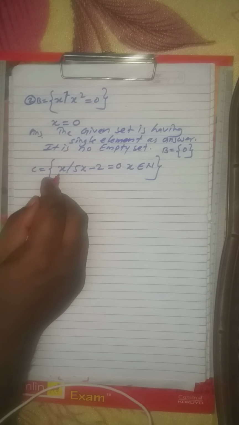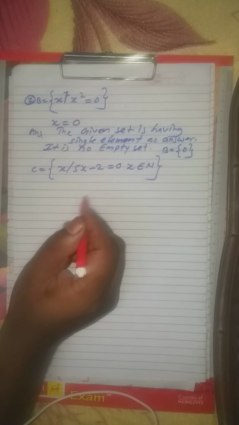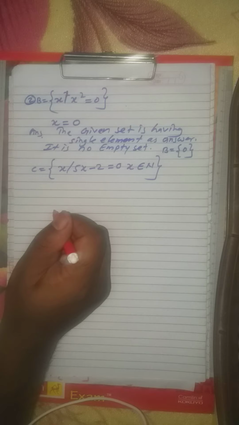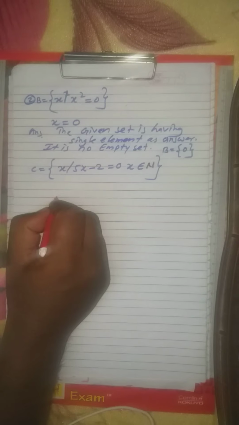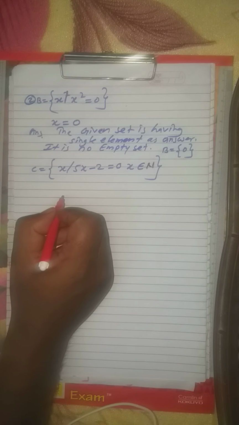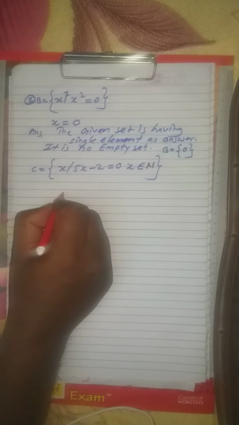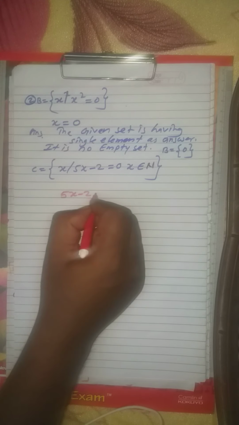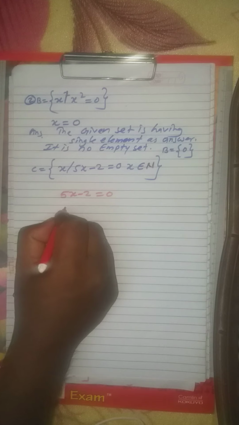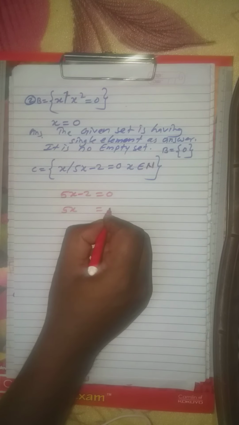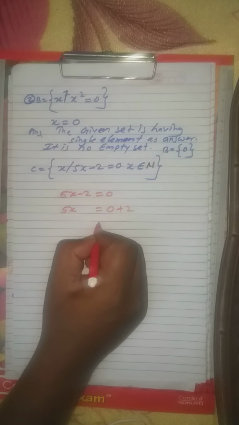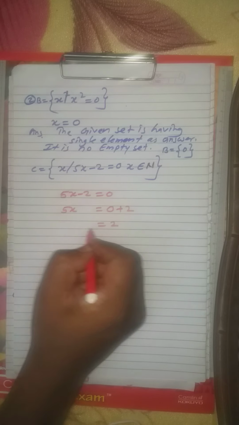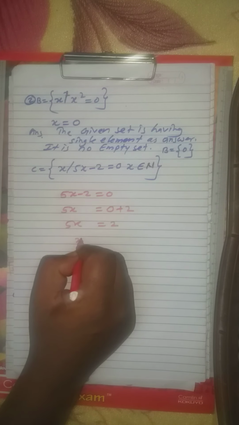Now what is the next question? C is equal to x such that 5x minus 2 is equal to 0 and x belongs to natural numbers. So we have to see whether this x value belongs to natural numbers or not. For that we write 5x minus 2 is equal to 0. So we have to solve it. Keep 5x as it is. This 2 brought to the other side becomes 0 plus 2. So 0 plus 2 becomes 2 only. 5x as it is. Now we have to find the value of x.